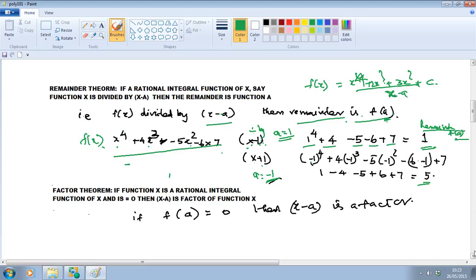Next one is the factor theorem. The same remainder theorem we will extend. Suppose you are dividing by x minus a and the remainder is 0. This is the remainder. The remainder is 0. Then x minus a is a factor.